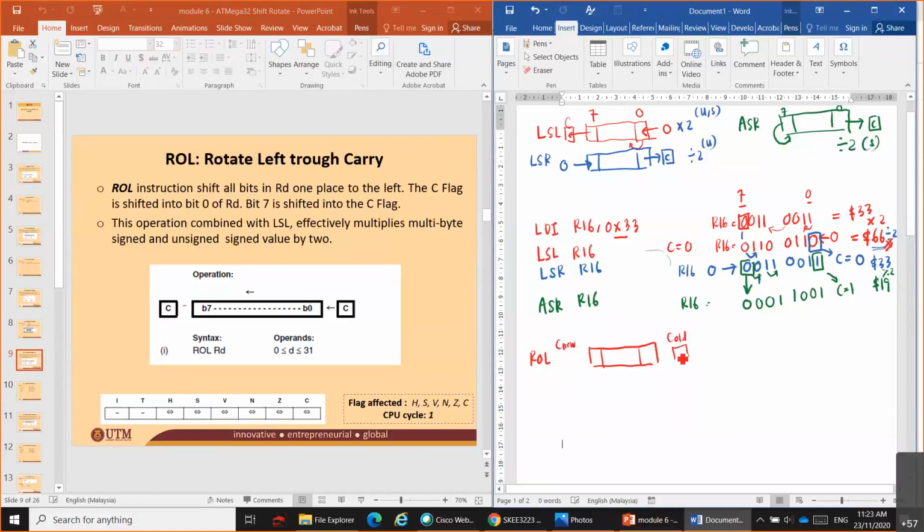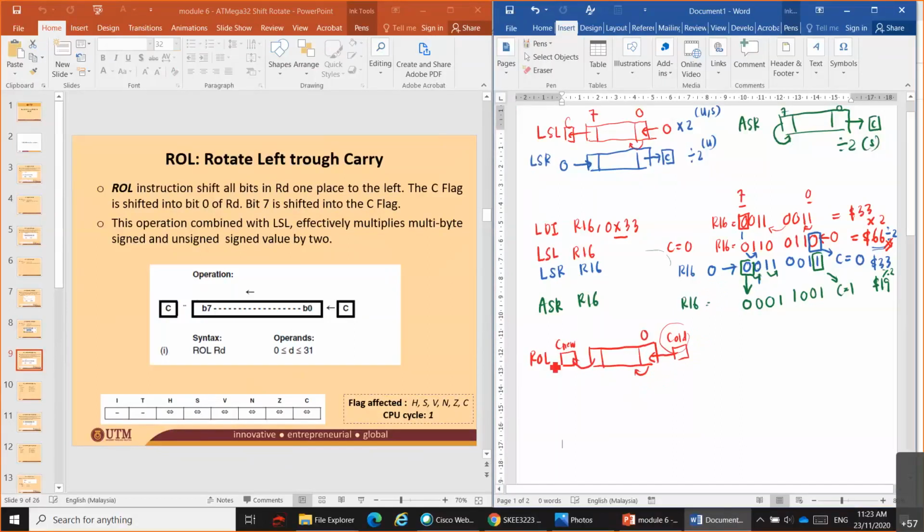Your C old will go to your bit 0, and then the bits here will be shifted to the left by 1 bit, while any value from bit 7 will become your C new. C old means the C from the previous instruction.